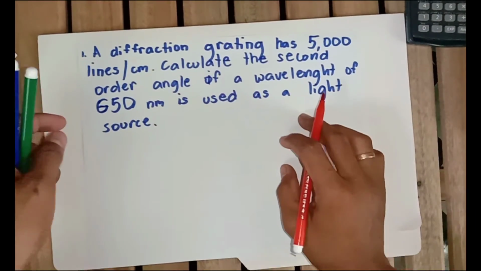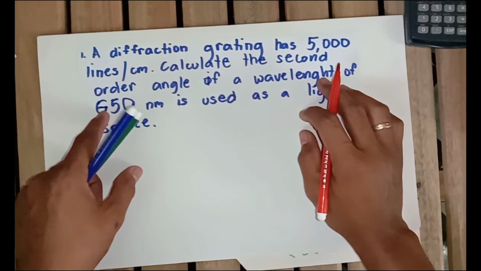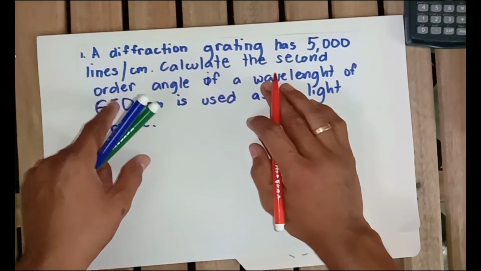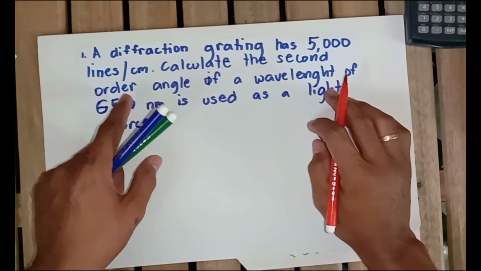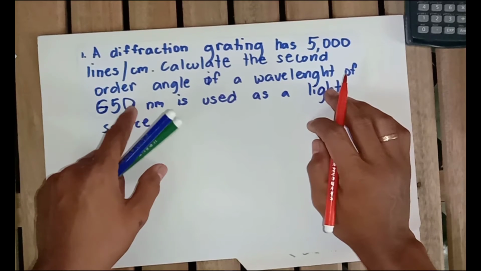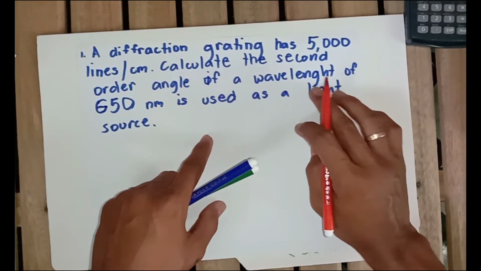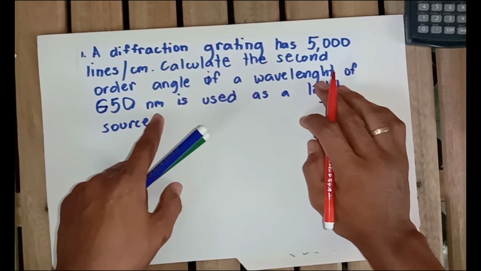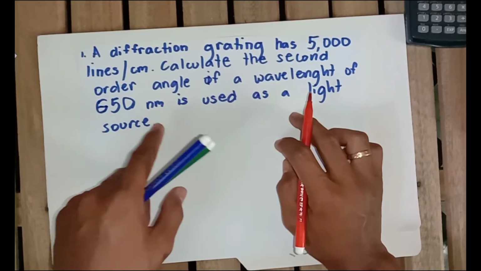Okay, we have here problem number 1. A diffraction grating has 5,000 lines per centimeter. Calculate the second order angle if a wavelength of 650 nanometers is used as a light source.